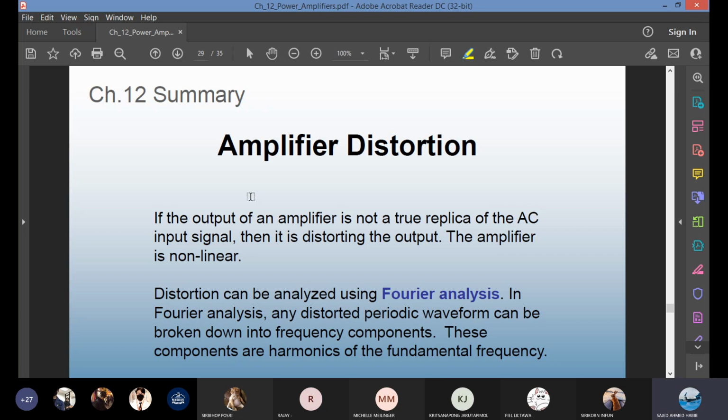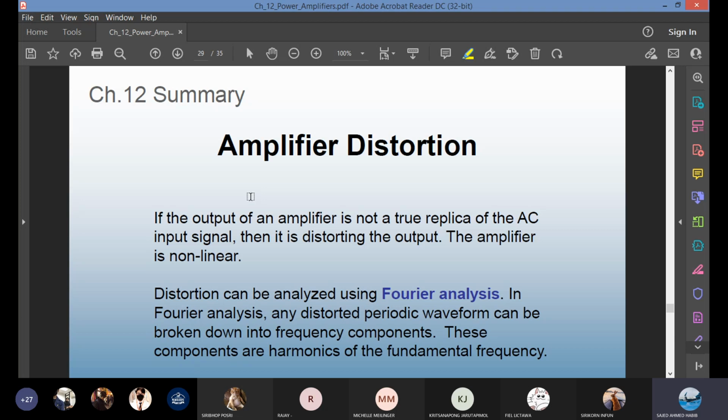If the output signal is not a true representation of your input signal, then you can say your signal is distorted, which means the amplifier behavior is not linear.